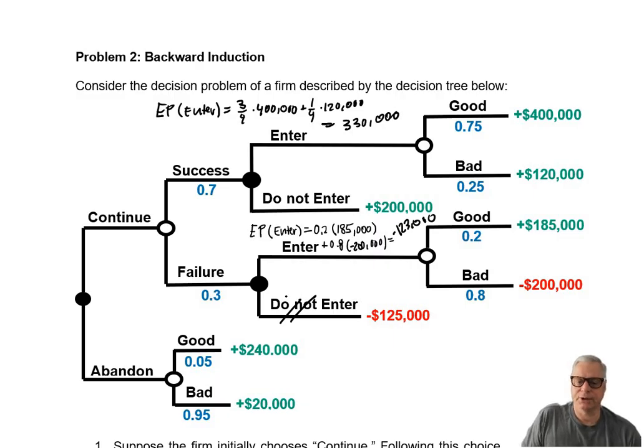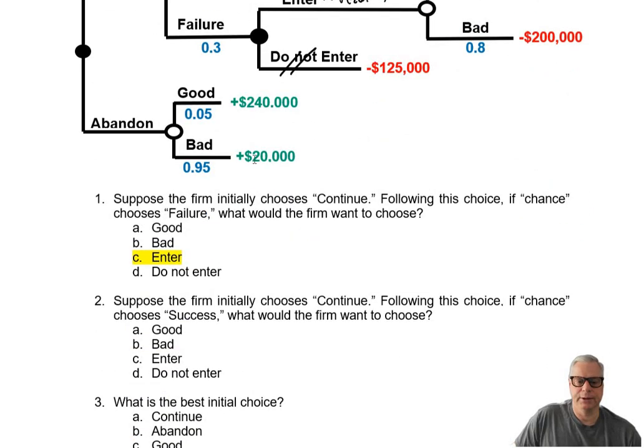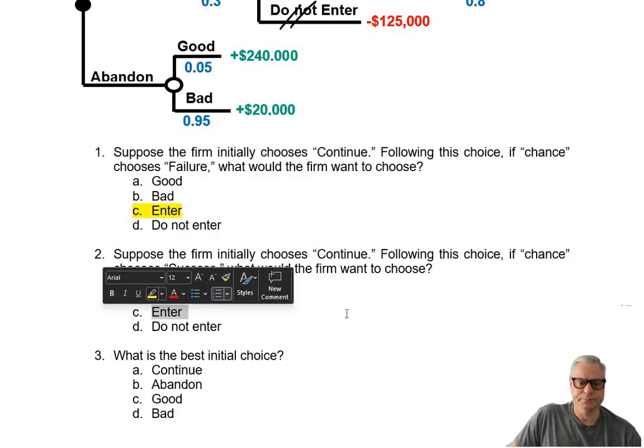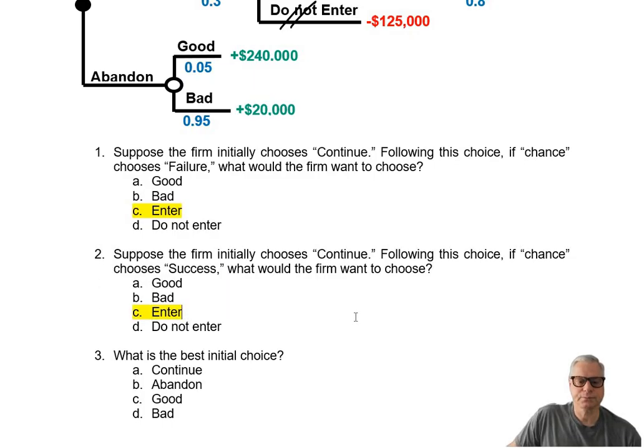So we still enter, and we can eliminate do not enter. So the firm will still enter.